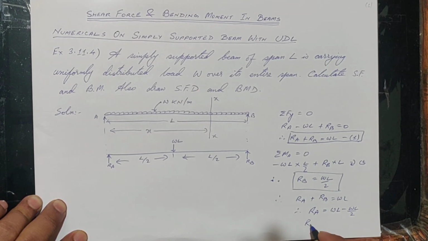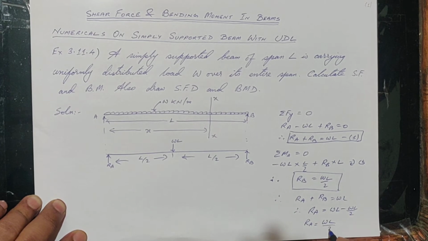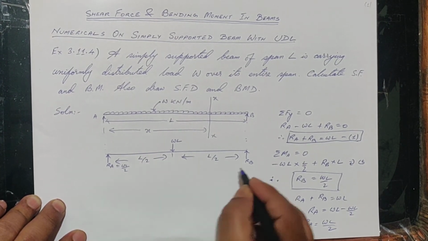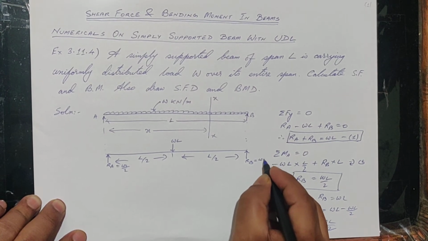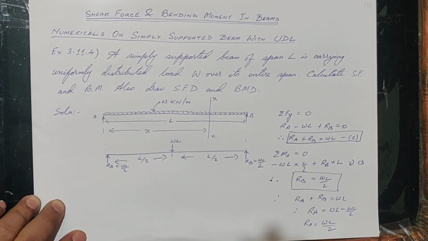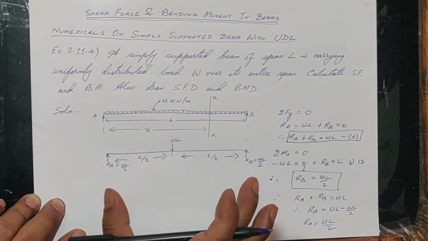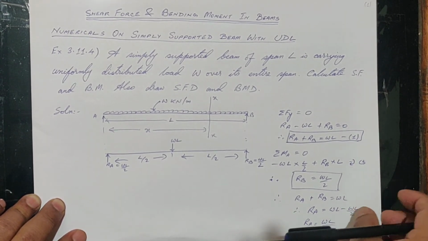So RA is equal to WL by 2. So here we can write this is WL by 2, this is also WL by 2. We leave this space for the SF and the BM. Now we do the rest of the calculation.